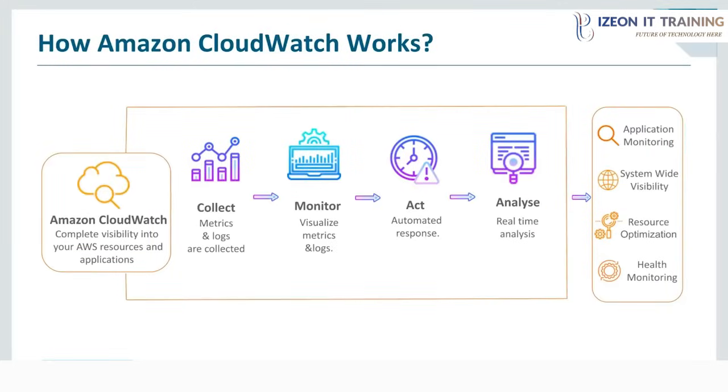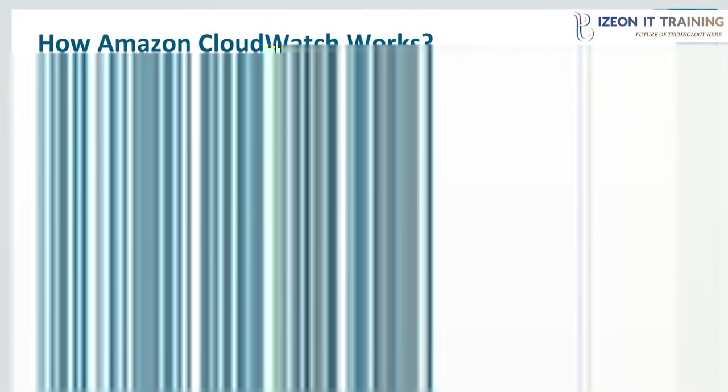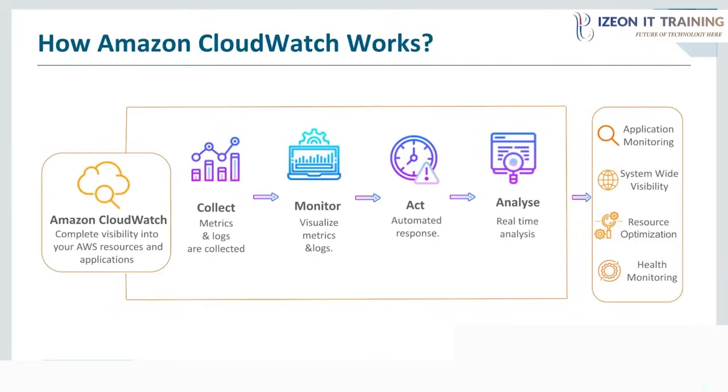Now that you have a clear understanding of the concepts of Amazon CloudWatch, let's see how Amazon CloudWatch operates. Amazon CloudWatch has complete visibility into your AWS resources and applications which are currently running on the cloud. So firstly, it collects metrics and logs from all these AWS resources and applications. And then by using these metrics, it helps you visualize your applications on the CloudWatch dashboard.